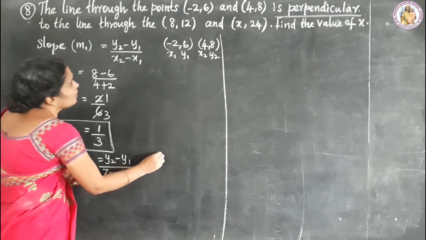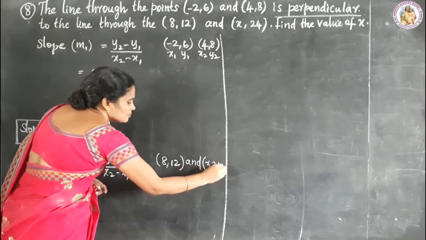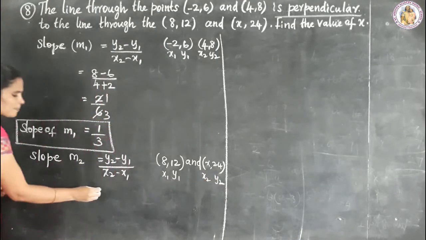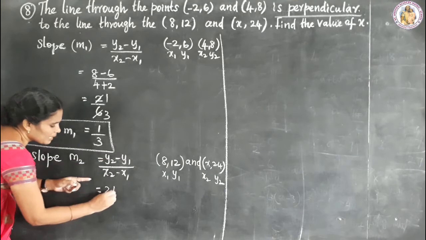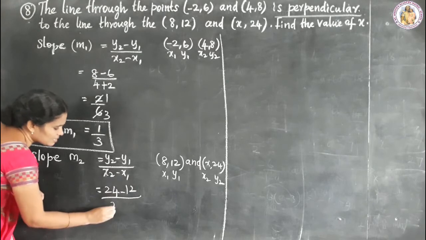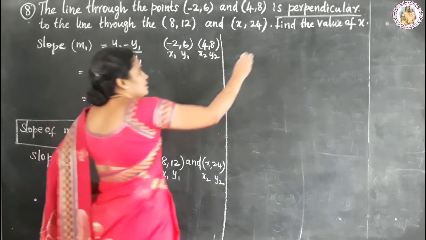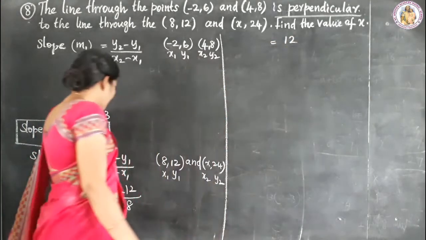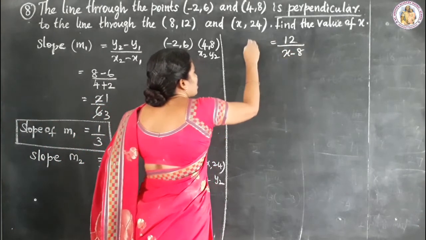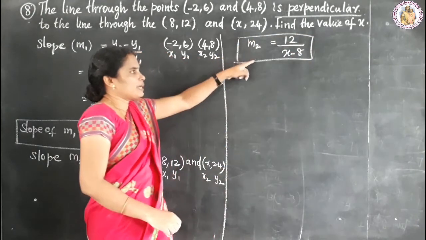So the points are (8, 12) and (x, 24), x1 y1 x2 y2. y2 is 24 minus y1 is 12 divided by x2 is x minus x1 is 8. 24 minus 12 is 12 divided by x minus 8. We can't subtract further, it stays as x minus 8. That is slope m2 is equal to 12 divided by x minus 8.